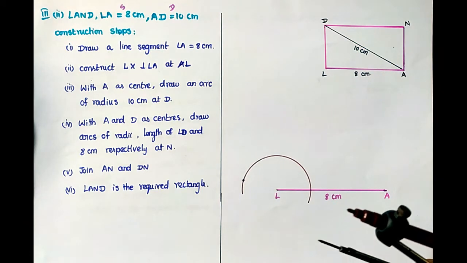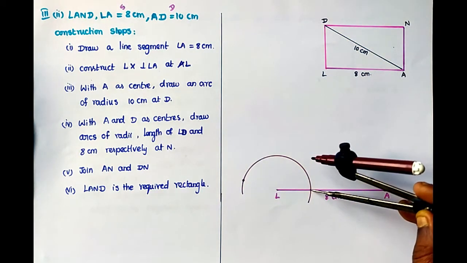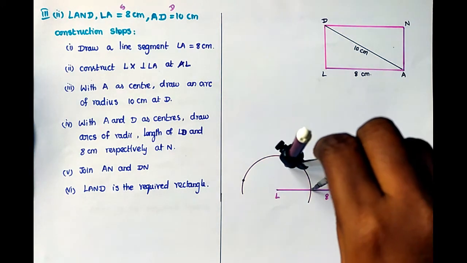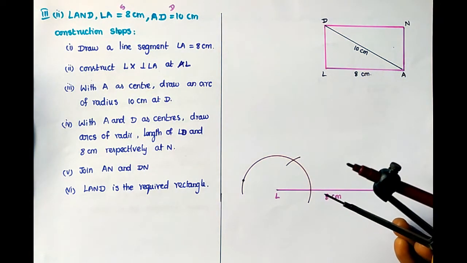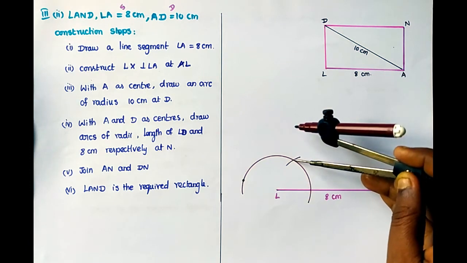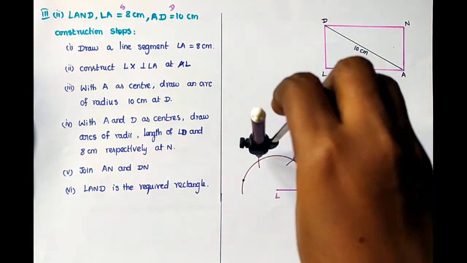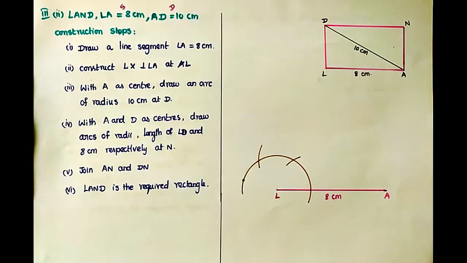Don't change your measurement. Take the same measurement, and from here we have to draw an arc on the semicircle. And from that arc, with the same radius, draw another arc on the semicircle.